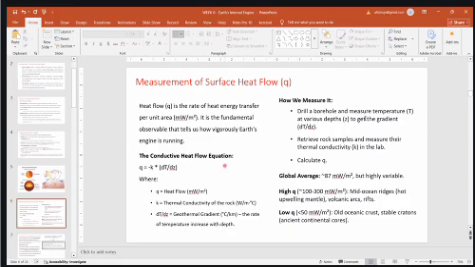How do we measure it? Drill a borehole and measure temperature T at various depths to get the gradient. Retrieve rock samples and measure the thermal conductivity in the lab. Calculate Q. The global average is 87, but highly variable.